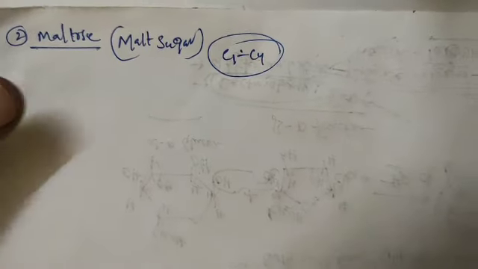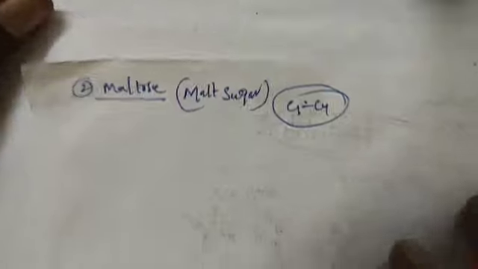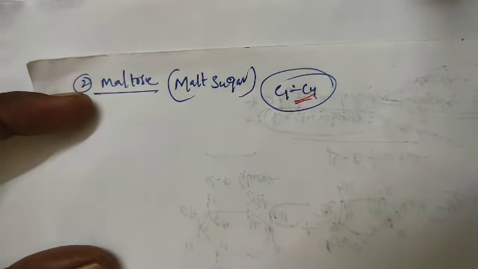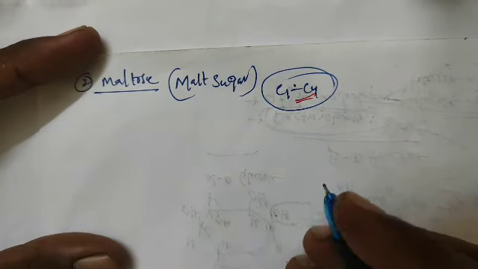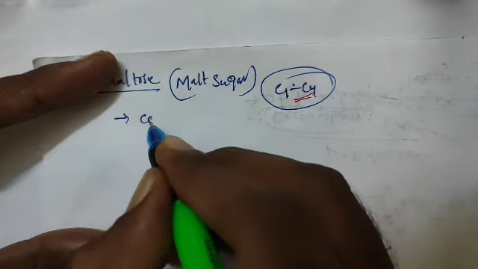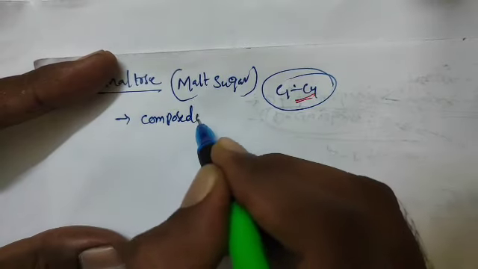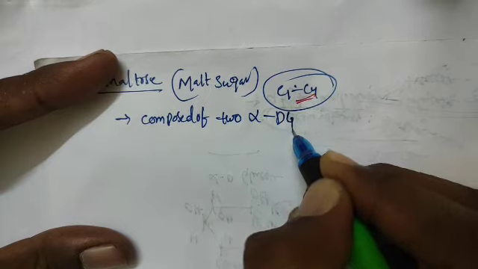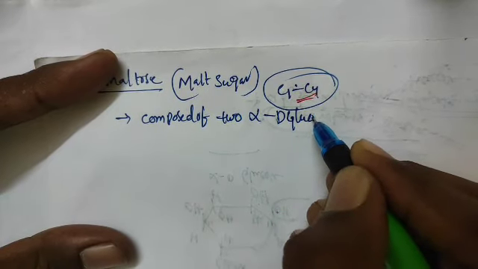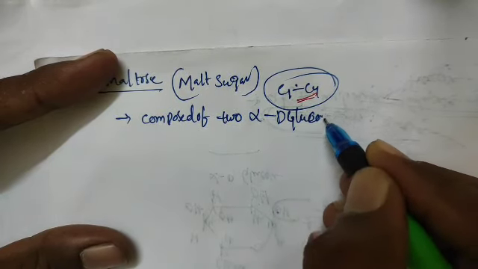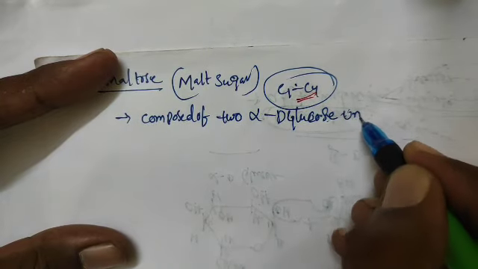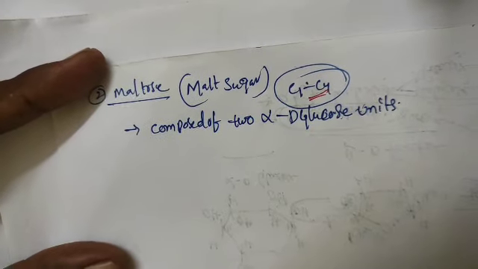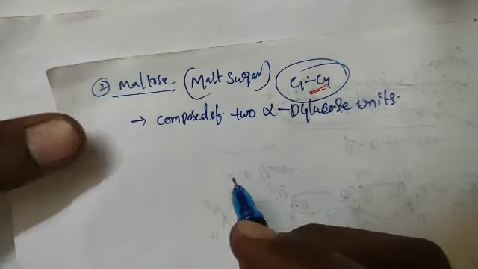Maltose, also called malt sugar, is connected through C1 and C4. It is composed of 2 alpha D glucose units. Both units are glucose only, alpha D glucose.